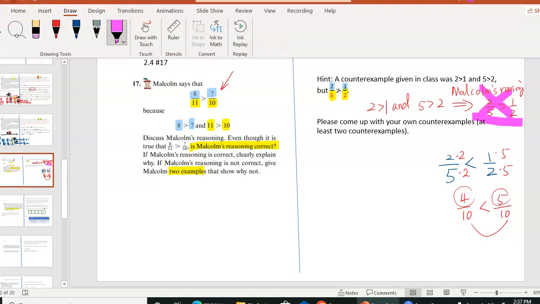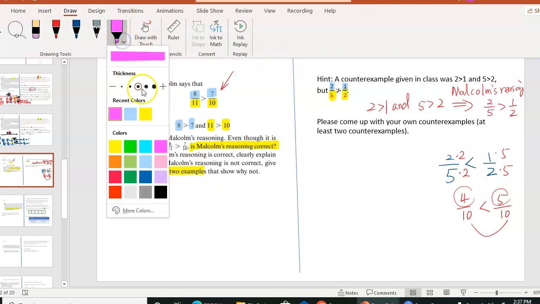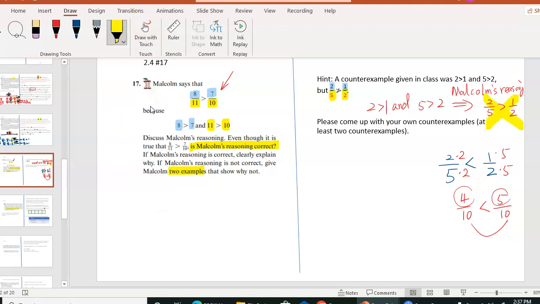The correct way to compare fractions is to compare the number of parts. If 2 is bigger than 1, yes, you have more parts. Let me write down those 2 key points again. Number of parts, which are determined by the numerators, so 2 is bigger than 1. But you also have to compare the size of each part.